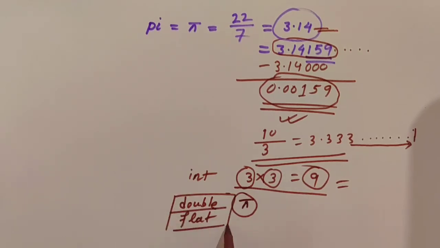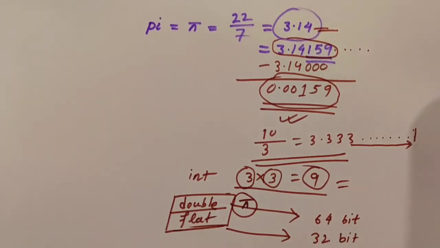There is also a difference between double and floating point number. So what is the basic difference? Here the computer uses 64 bit and here it is 32 bit. That means the accuracy is more in the double case.